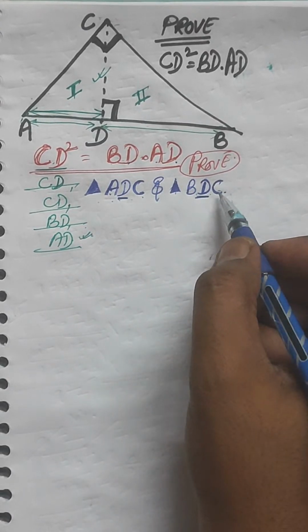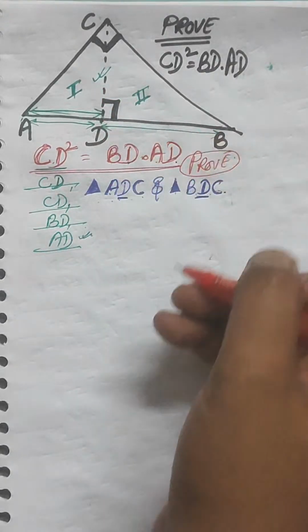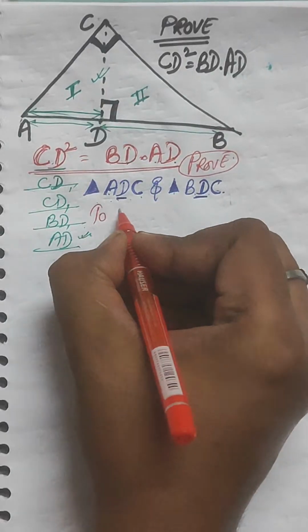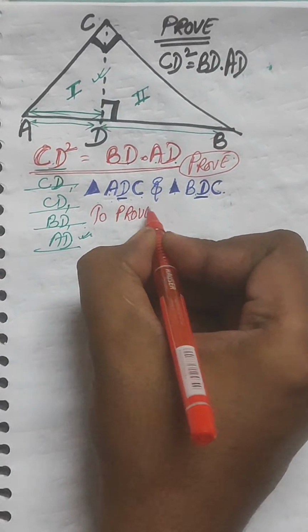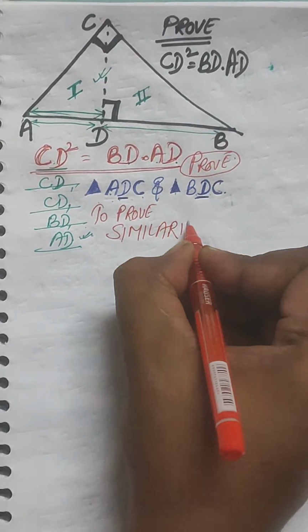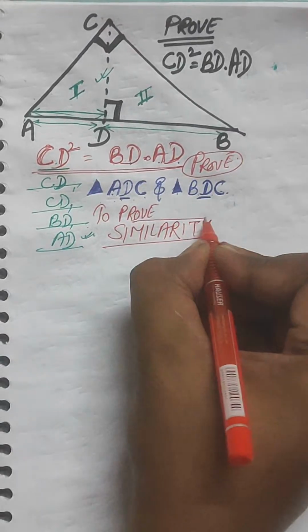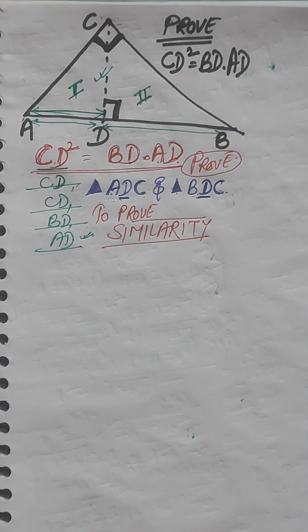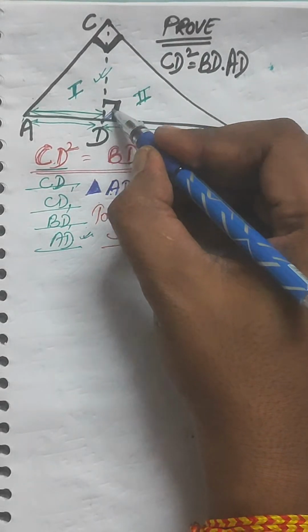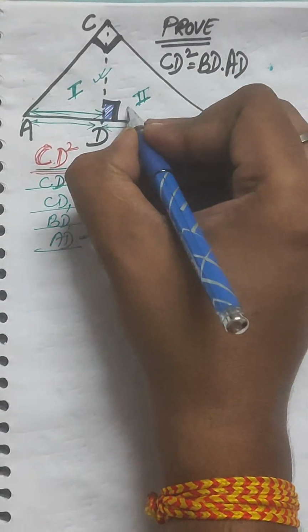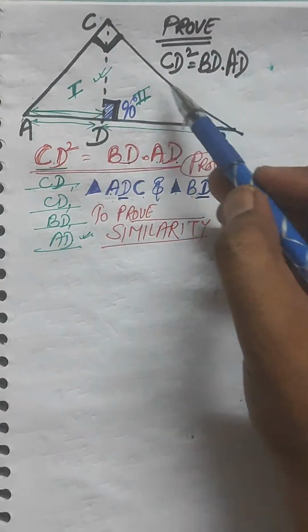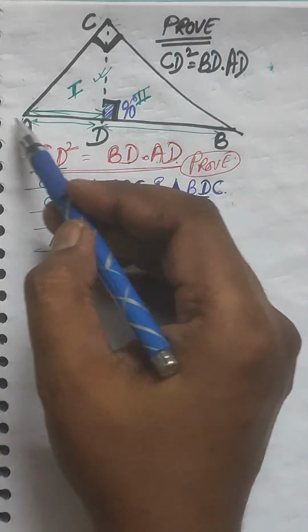To prove the similarity of the above triangles, we need two angles. First of all, this angle D is 90 degrees, because it is given in the question that CD is perpendicular to AB.